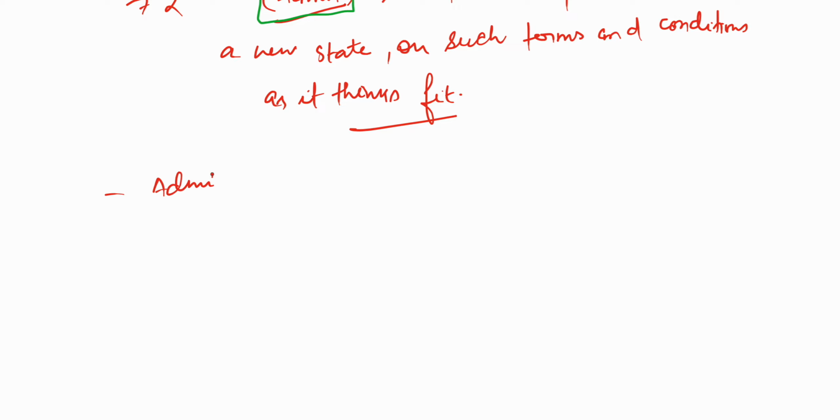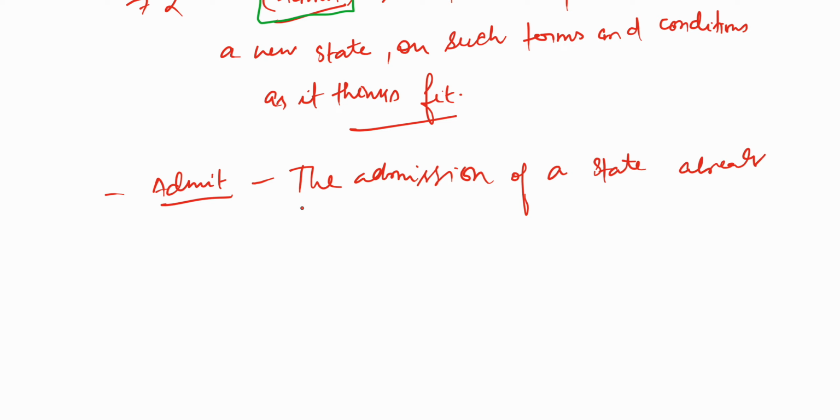The meaning of admit here is the admission of a state already in existence as a state, so you understand that already it's a state, but you are admitting one state into another state. That is what I'm saying.